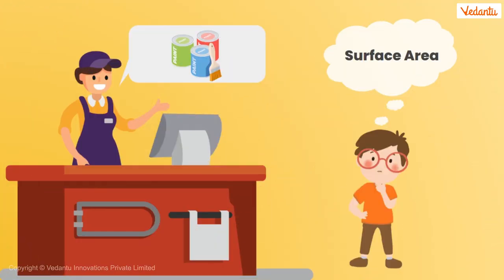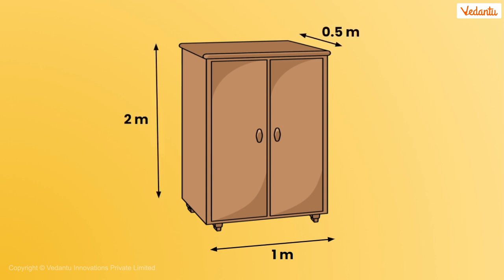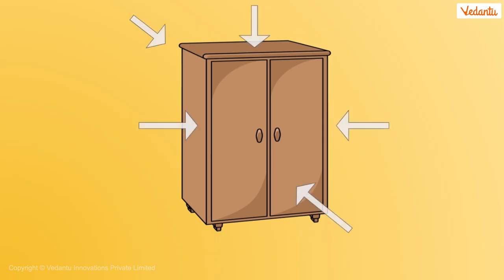So now champ, let's go to the same question again. Let's have Ronnie now. Let's say the dimensions of the cupboard are: length is 1 meter, width is 0.5 meter, and height is 2 meter. So we know that if we are going to paint the cupboard, we are not going to paint the base, right?